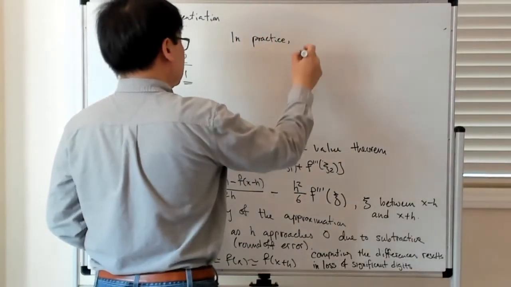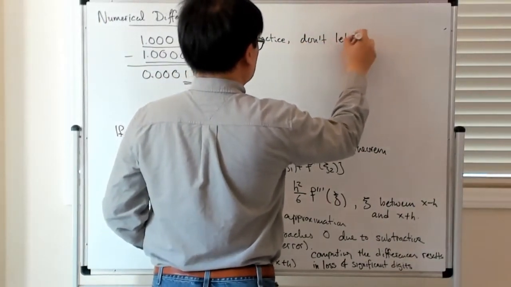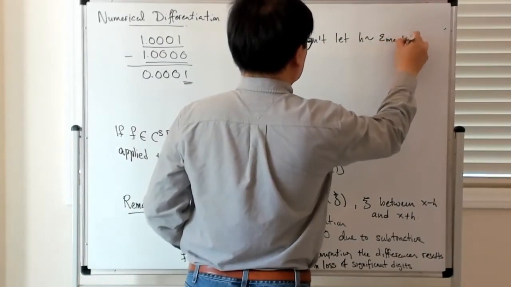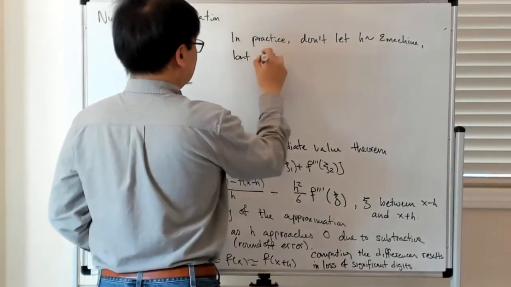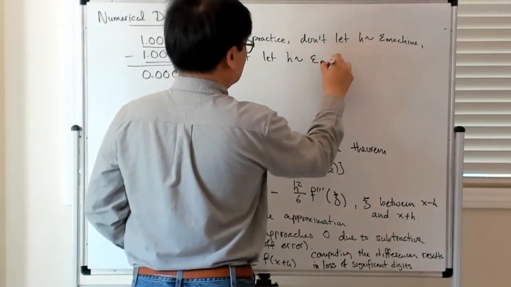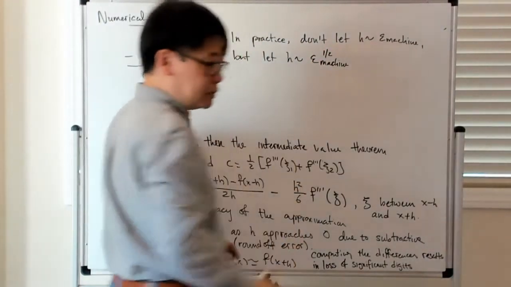You don't let h be like machine epsilon, but you let h be of the order of the square root of machine epsilon.